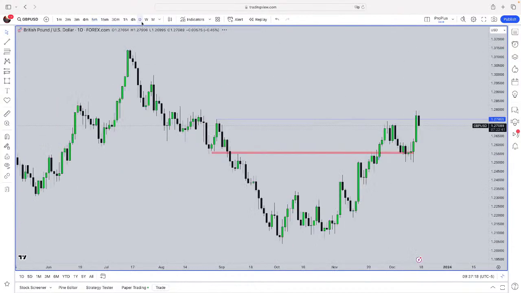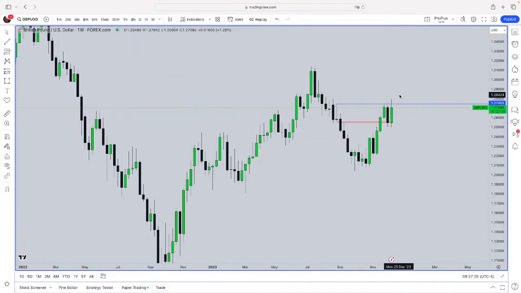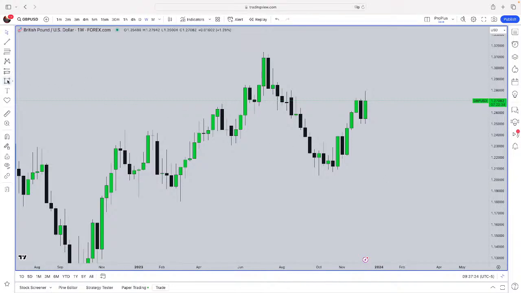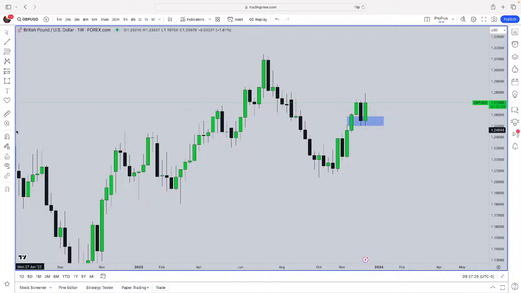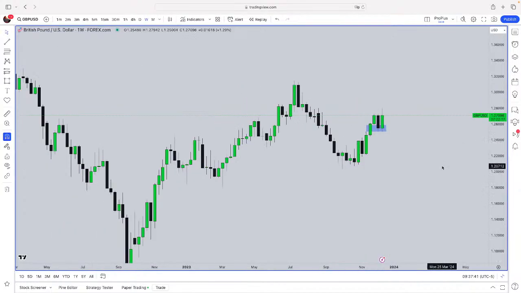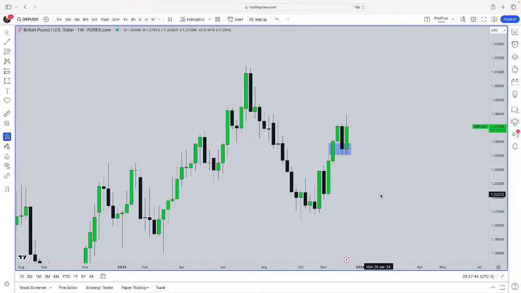GU analysis. We're at GU, so let's go on the weekly first. Delete this. So you want to think, where would price want to go to next? There's not any inefficiencies on the weekly.